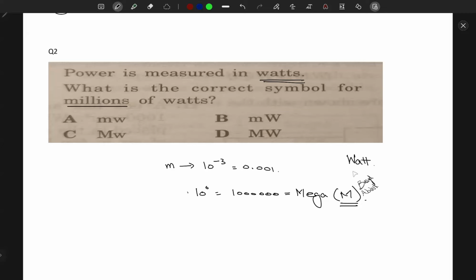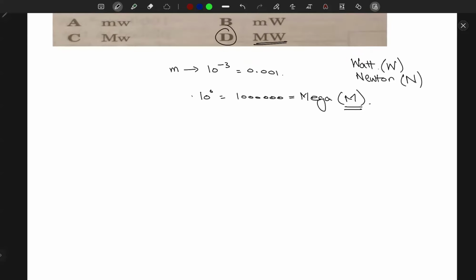For example, Newton, you write it as capital N. Similarly for watt, a capital W would be used. So the correct answer is capital M and capital W, megawatts. These are really very simple questions. Is there any problem with this one? No, sir. So it's cool with everyone, right? Okay, perfect.